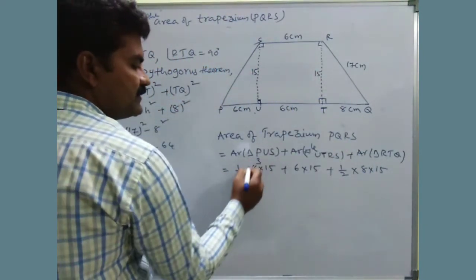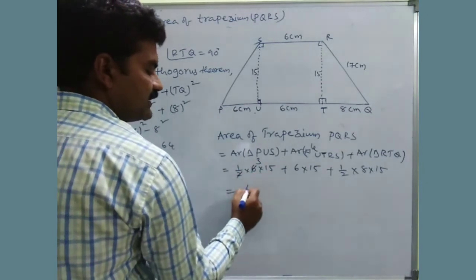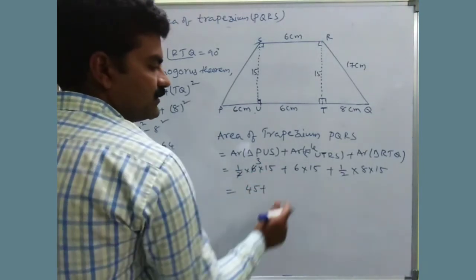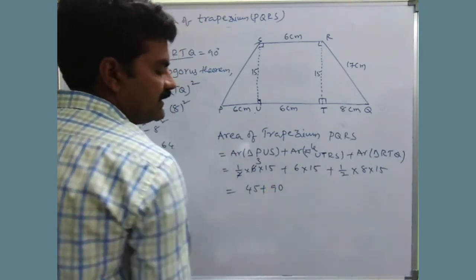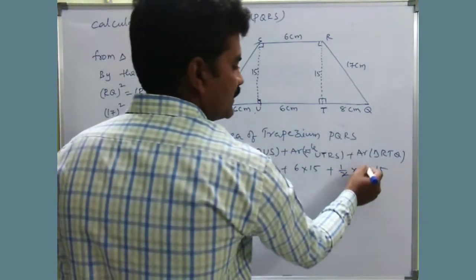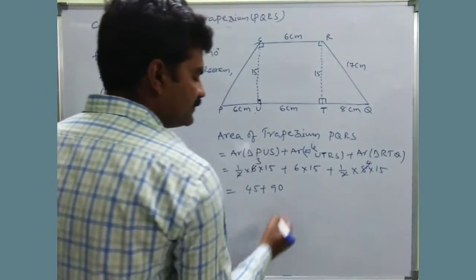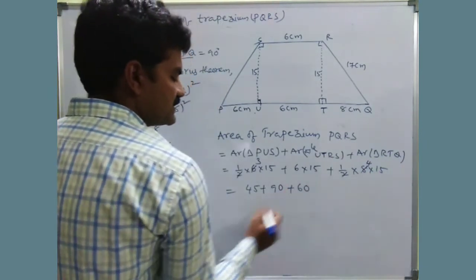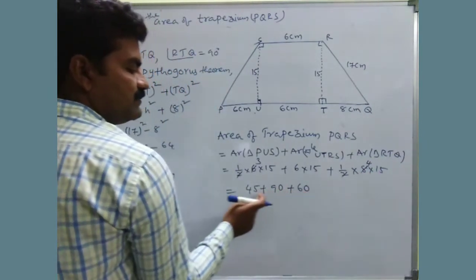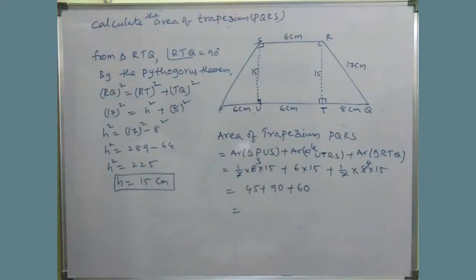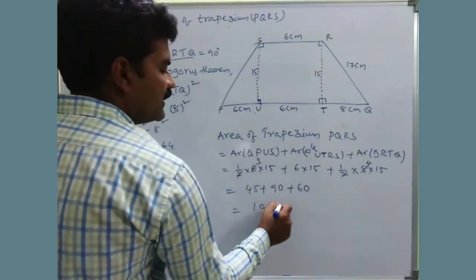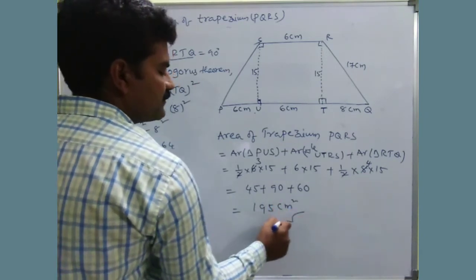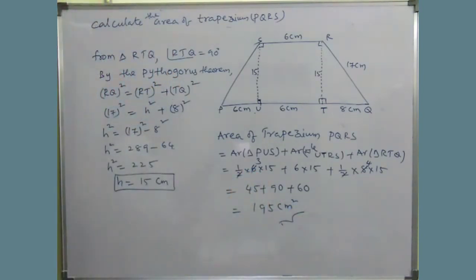Now this is 3 times, 3 into 15 is 45, plus 6 into 15 is 90, and here 4 into 15 which is 60. So 60 plus 45 is 105, plus 90 is 195. Because it is area, the units are square centimeters.